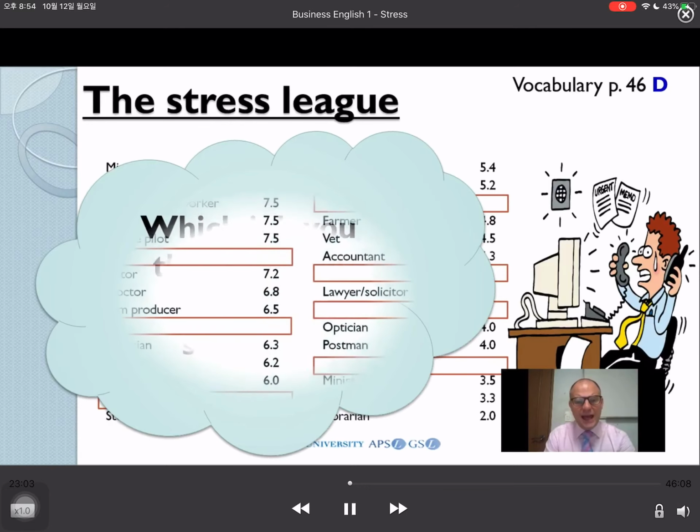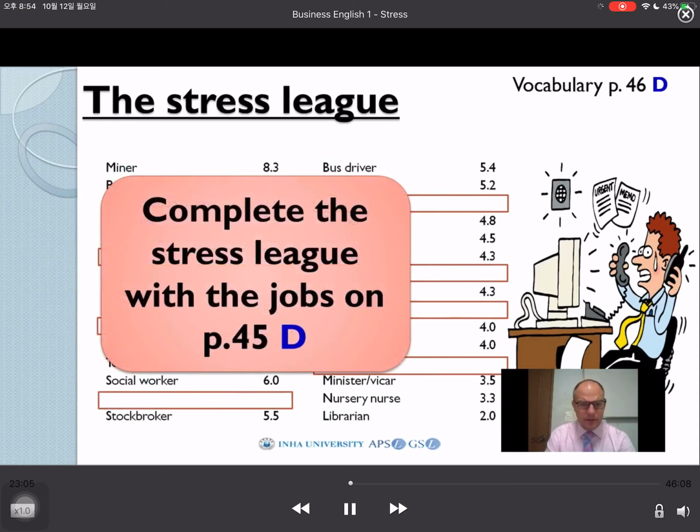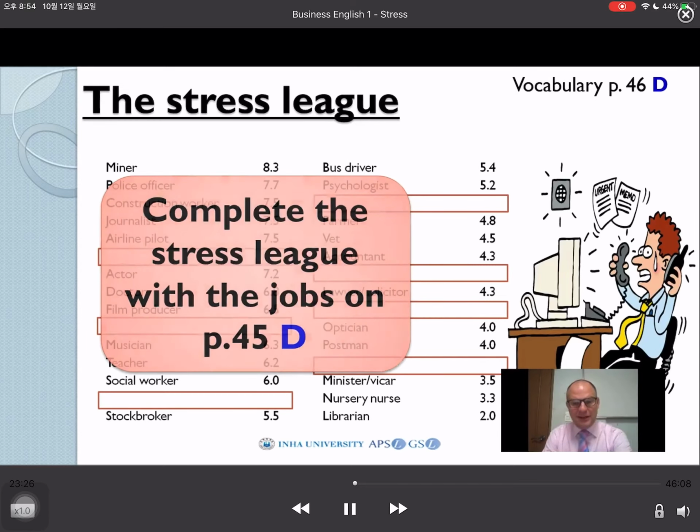Once you've finished that, moving on. Complete the stress league with the jobs on page 45D. So see if you can put those jobs in the league and see if you can get the correct positions in the stress league. Again, you can check the answers in the PPT that's uploaded on iClass.